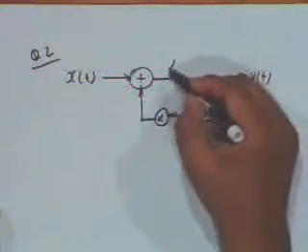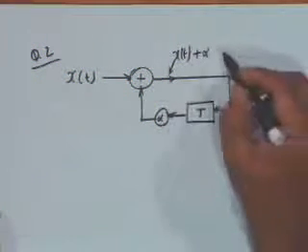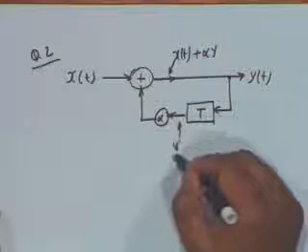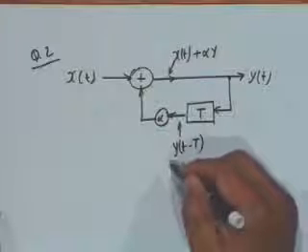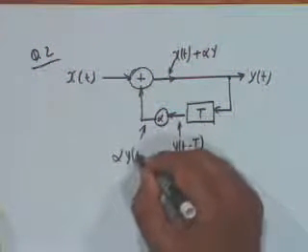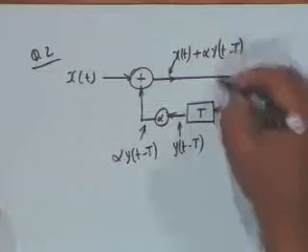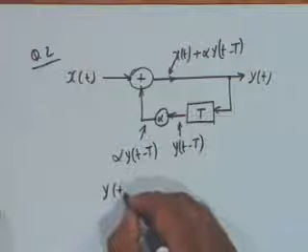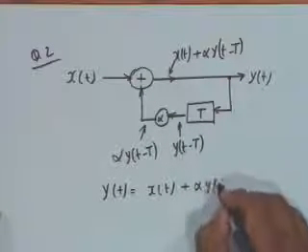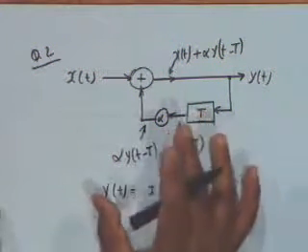This input is x of t plus alpha y of t minus capital T. In other words, the equation of the system is y of t equal to x of t plus alpha y of t minus capital T. This is the system that is given.